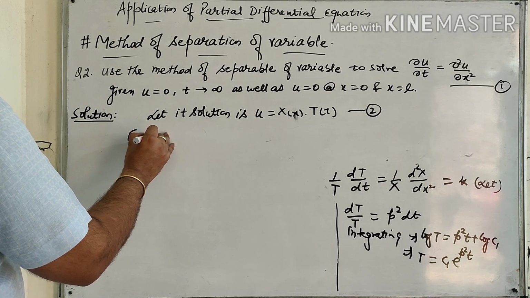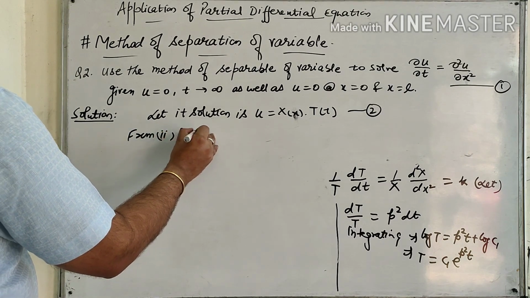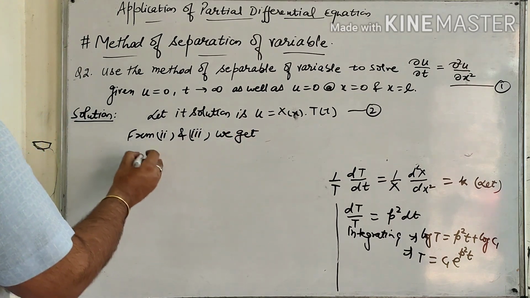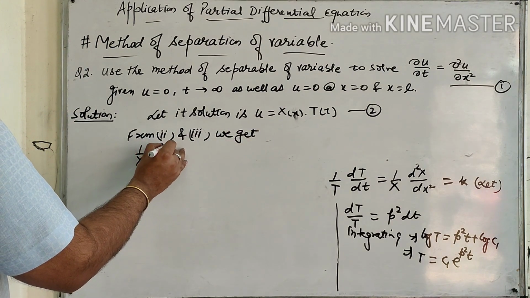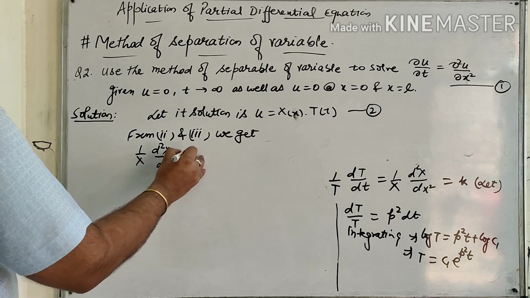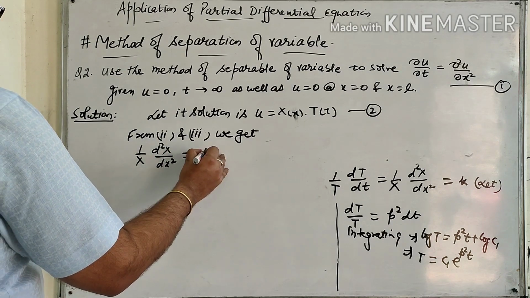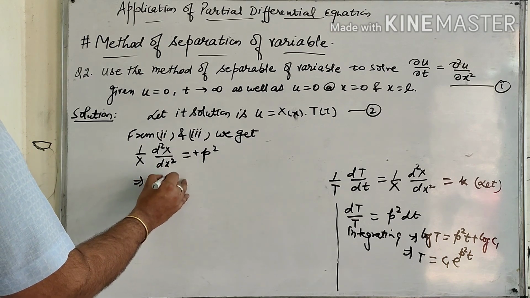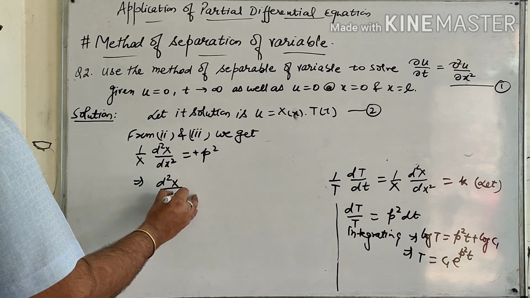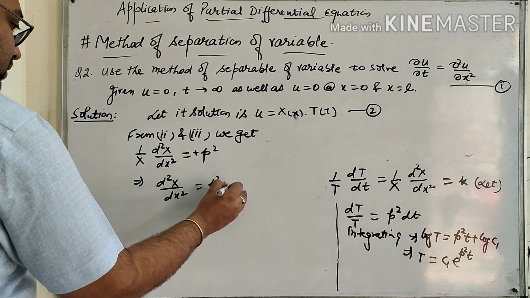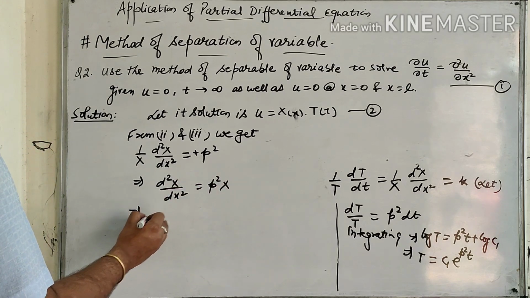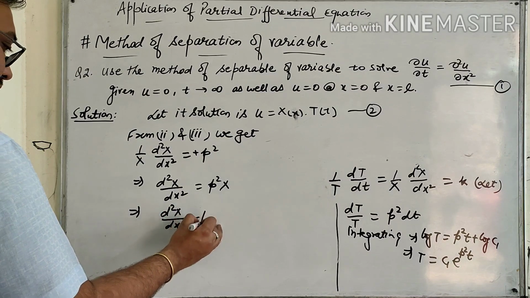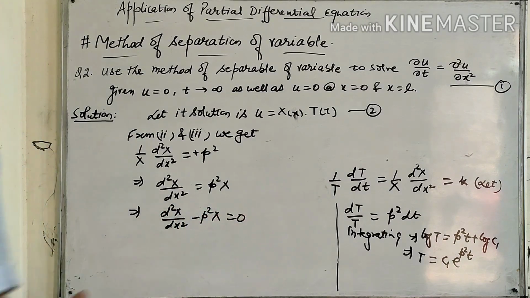From second and third, we get 1 upon X, d2X upon dx square is equal to plus p square. So d square X upon dx square is equals to p square X, or d2X upon dx square minus p square X is equals to 0.